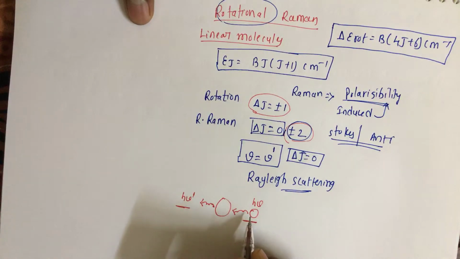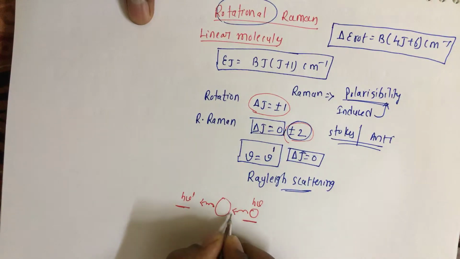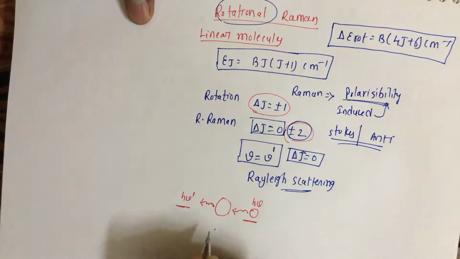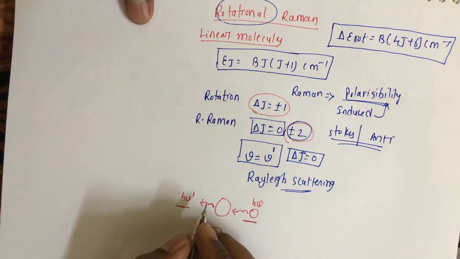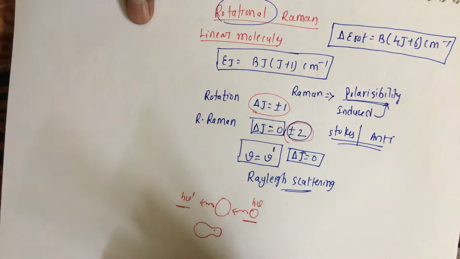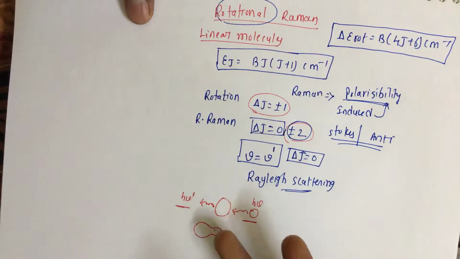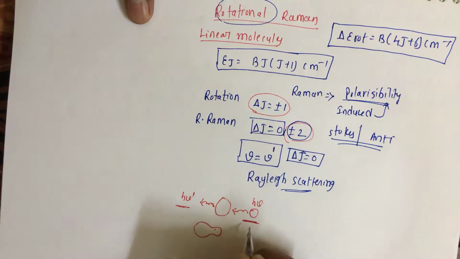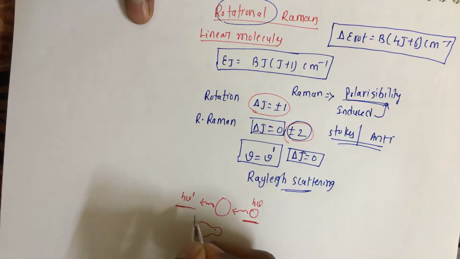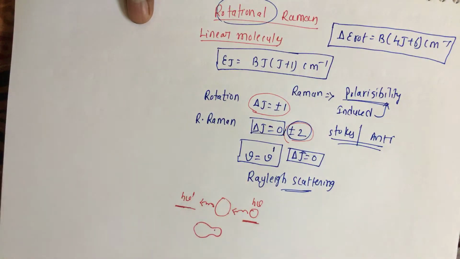When the incoming photon collides, in the virtual state the molecule deforms, meaning its shape changes, and while scattering the shape changes again. That means two dipole transitions are involved: an induced dipole moment is produced twice, or the molecule gets polarized twice. Once when the incoming photon comes, and another time when the outgoing photon is scattered.